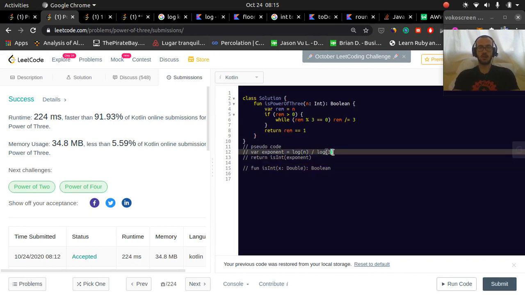Okay, so n is an integer, we're going to convert it to a double.